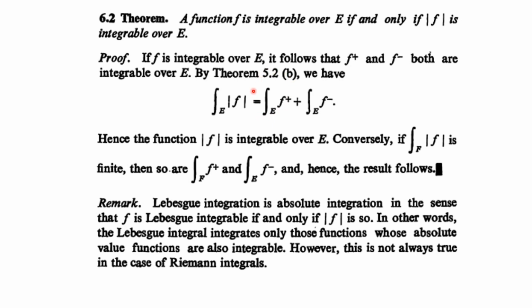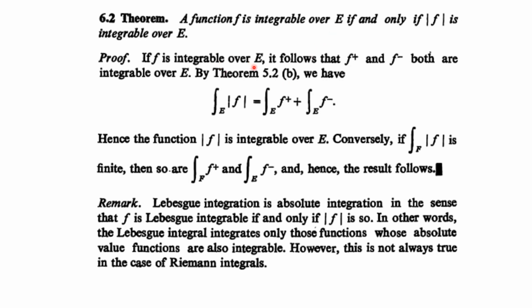Since this is integrable, the sum of two integrable functions is again integrable. So we get that mod of f is integrable. Now conversely, if mod of f is integrable, if this value is finite, then clearly this is finite and this is finite. So the difference of these two is again finite, which implies f is also integrable over E.